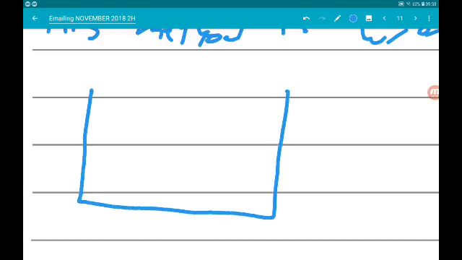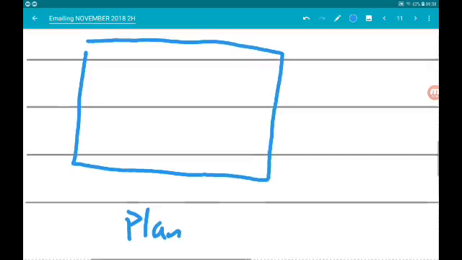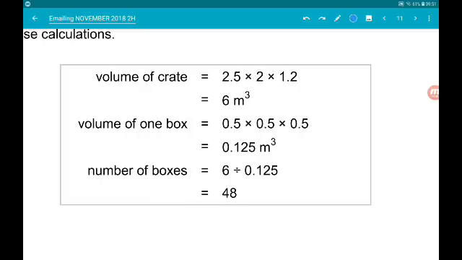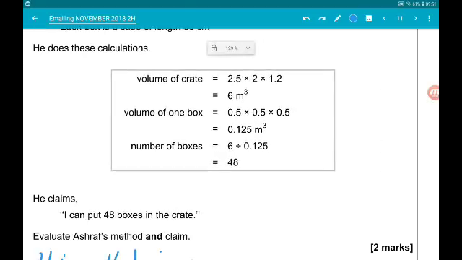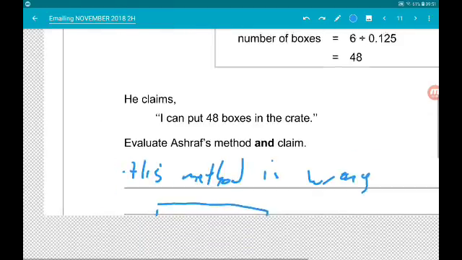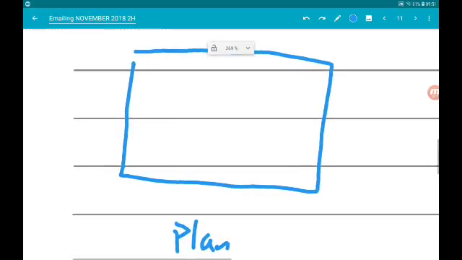So, what we should do, let's think about this crate. So let's say that this is the plan view. So we're looking at it from above. Now it doesn't matter which dimensions we use. Let's say that we have a length of 2.5 and a width of 2 meters.